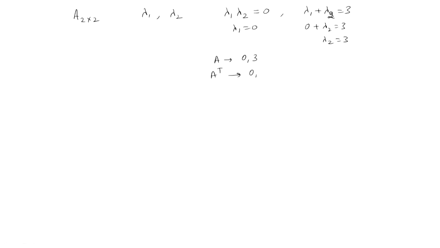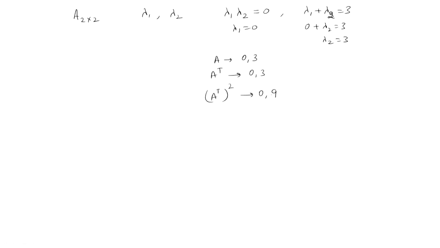Then the product of eigenvalues is 0 because the matrix is singular, and trace is 3. So one of the eigenvalues is 0, say lambda 1 is 0. If lambda 1 is 0, then lambda 2 will be 3. So the eigenvalues of A are 0 and 3. Eigenvalues of A transpose will again be 0 and 3, and eigenvalues of A transpose square will be 0 and 9.